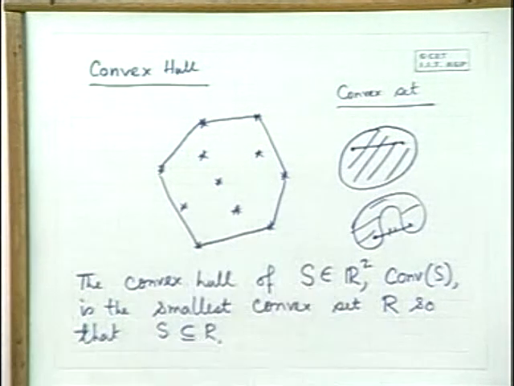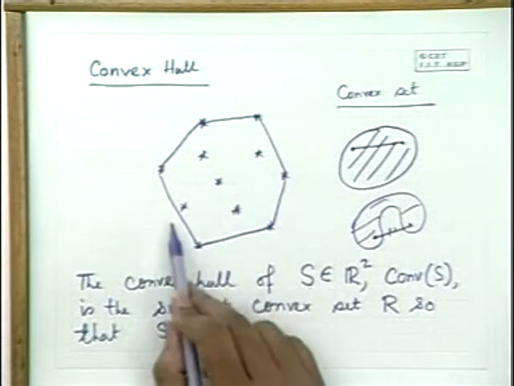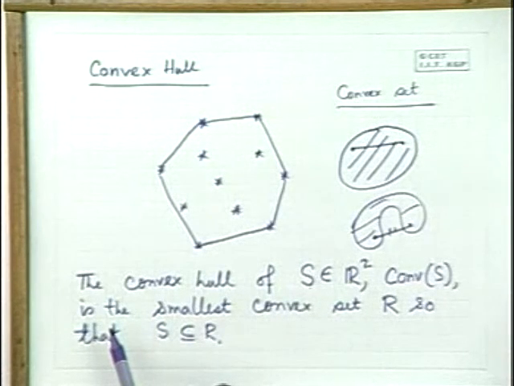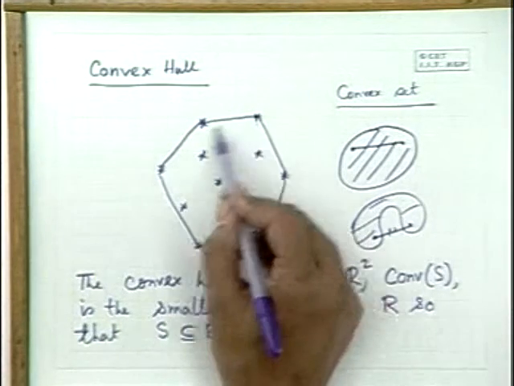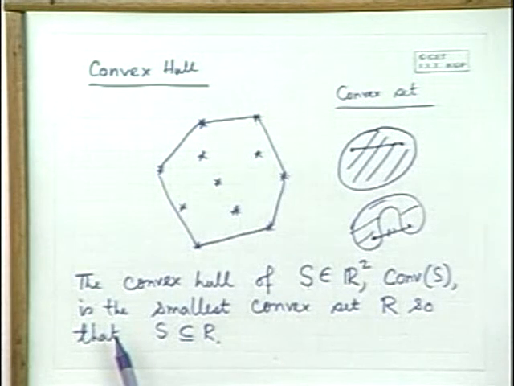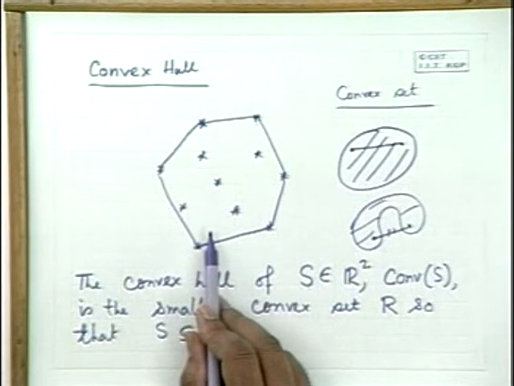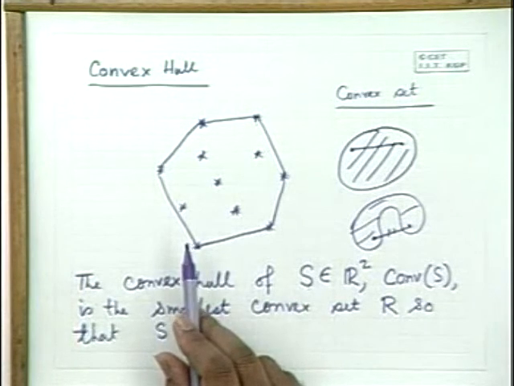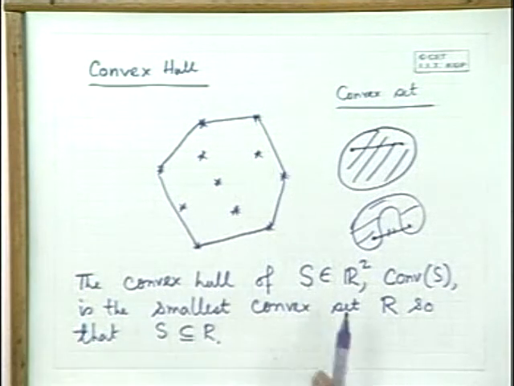So this is the smallest convex set which contains all these points inside or on. You cannot draw anything else. And I am assuming no 3 points are collinear for the time being, because that's not a very general position. So this is the smallest convex set. This is the convex hull of these points.